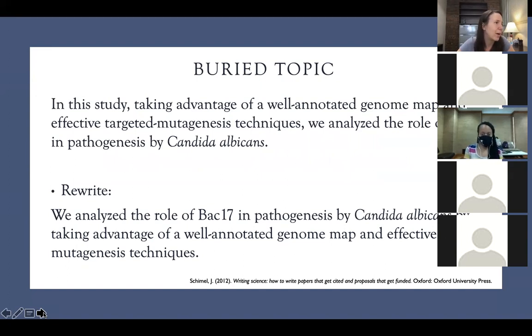"We analyze the role of BAC17 in pathogenesis by Candida albicans by taking advantage of a well-annotated genome map and effective targeted mutagenesis techniques." So hopefully you see how this is a lot easier for your reader to process, less likely to have to stop and go back and reread your sentence to understand the point you're making.